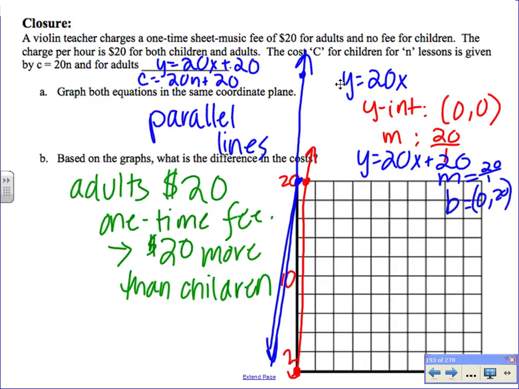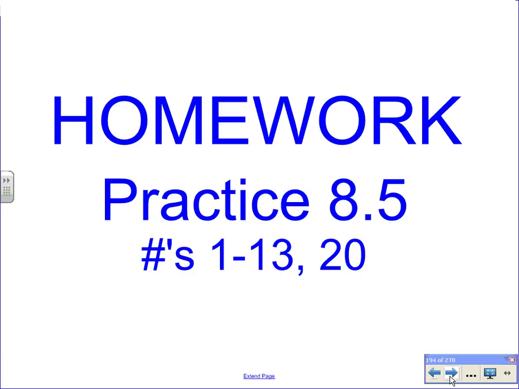Okay. So your homework is practice 8.5, numbers 1 through 13, and number 20. If you look at practice 8-5, the first 6 you are identifying slope and y-intercept.